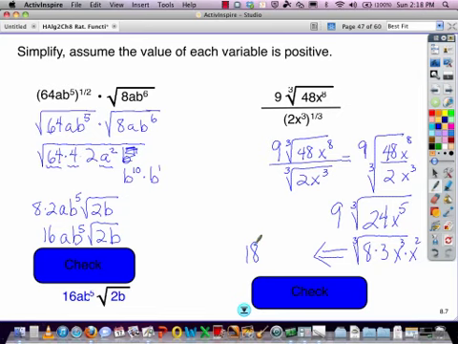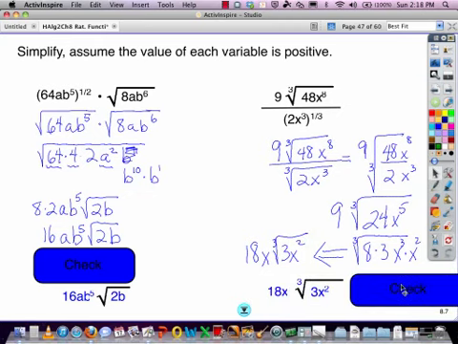The 3 would stay underneath, the x cubed would come out as an x, and the x squared would stay also. So now we're going to have a cube root of 3x squared underneath. 18x times the cube root of 3x squared. There we go. It matches.